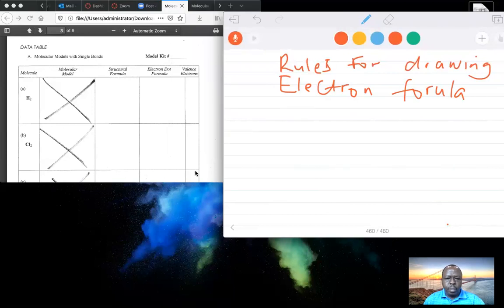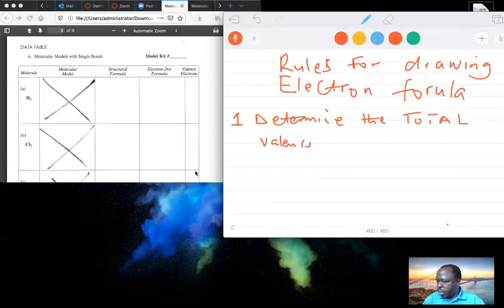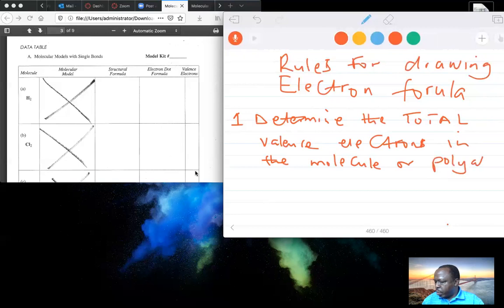Electron dot formula. One is determine the total valence electrons, all right, total valence electrons in the molecule or polyatomic ion.